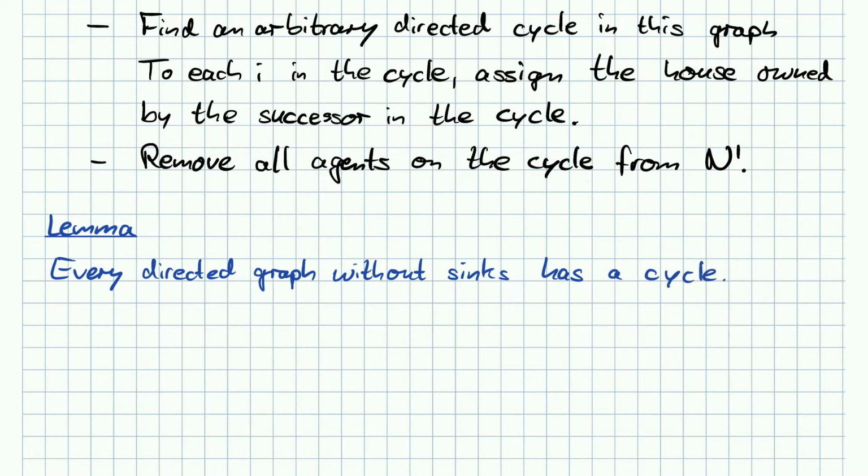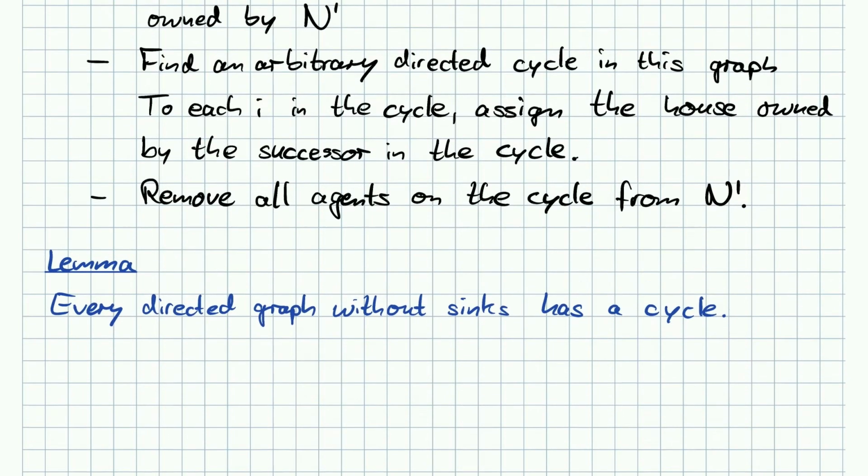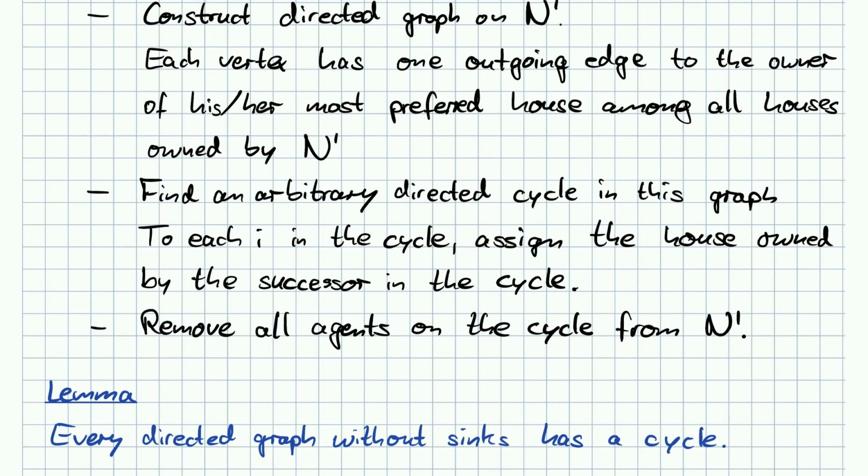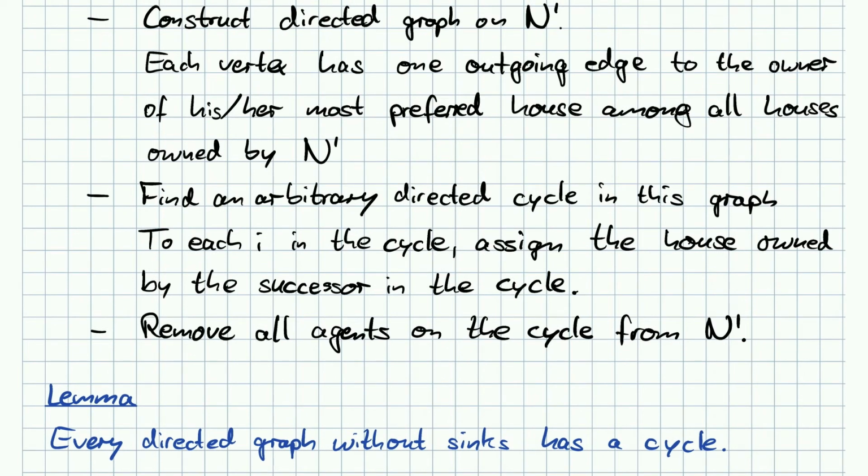What's a sink? A sink is a vertex without outgoing edges. But did our graph have such sinks? No, because every vertex has an outgoing edge, namely exactly one outgoing edge, to the owner of the most preferred house among the remaining houses.